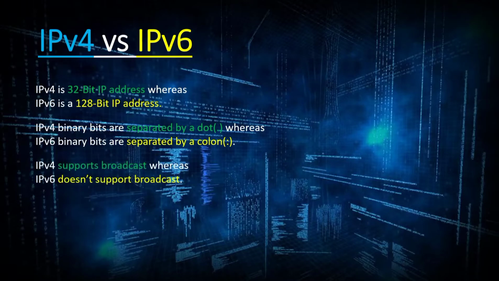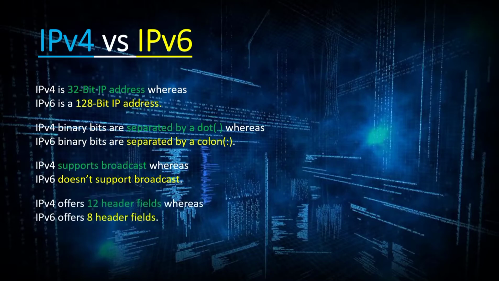In IP version 4, fragmentation is performed by both sender and forwarding routers, but in IP version 6, fragmentation is performed by only the sender. IP version 4 is slightly less suited for mobile networks, whereas IP version 6 is more suited for mobile networks.